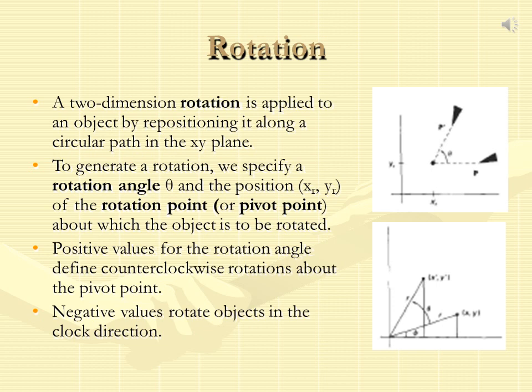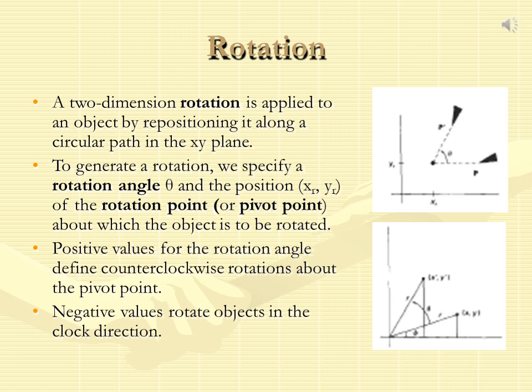P dash is x dash, y dash. The figure shows the X and Y coordinates and another set of coordinates, x dash and y dash. The angle theta is the rotation of an object by a particular angle from its origin.